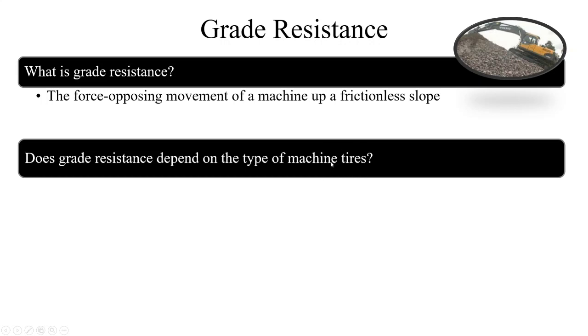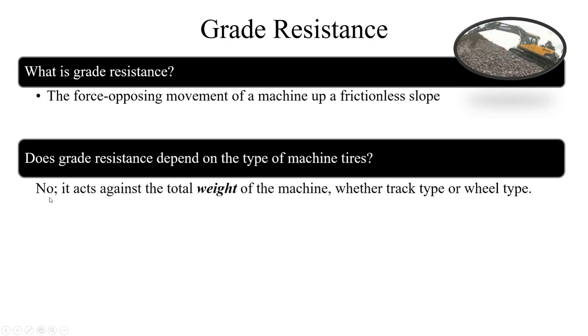Can you make a guess here? Does it depend or does it not? Our assumption is a frictionless slope, so we're not talking about the tires. So no, it is mainly dependent on the weight of the machine. Okay, so the grade resistance is connected to the weight of the machine. It's very important. So grade resistance is related to the weight of the machine.